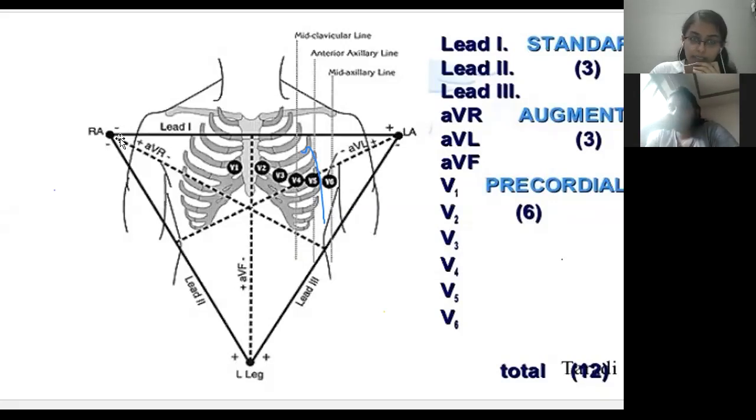The right arm is negative, as we already saw. The left leg is always positive, which makes lead 2. And then there is left leg and right arm. Here the right arm is negative for lead 3 and left leg is positive. This combination makes standard leads, and there are unipolar or augmented limb leads.